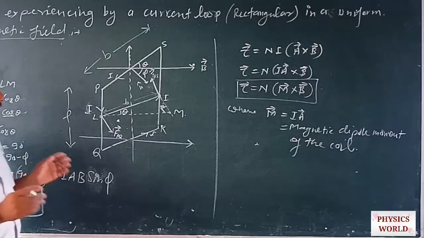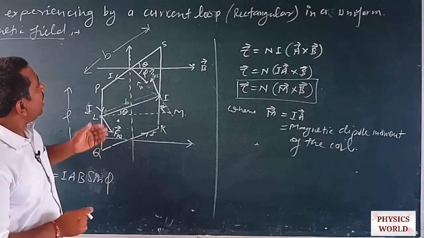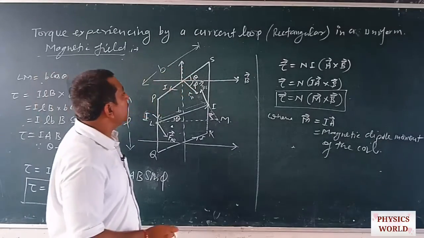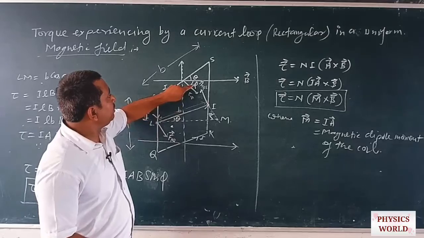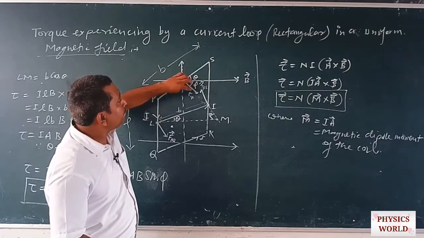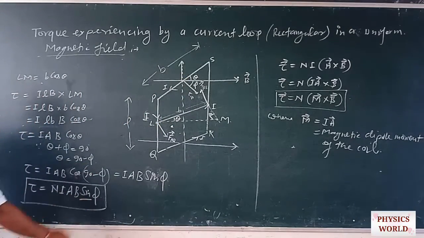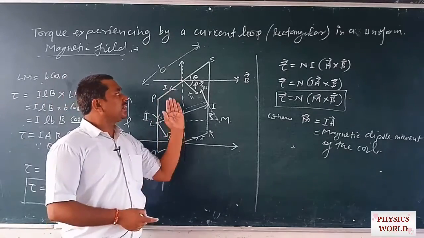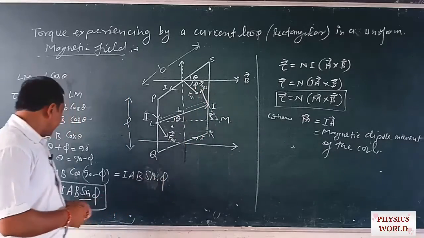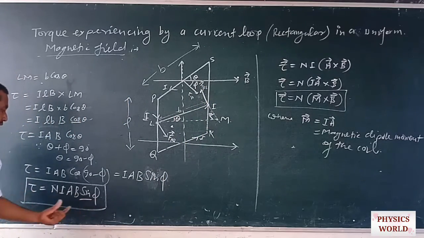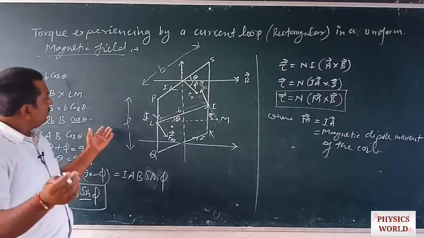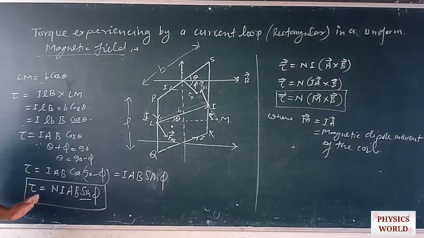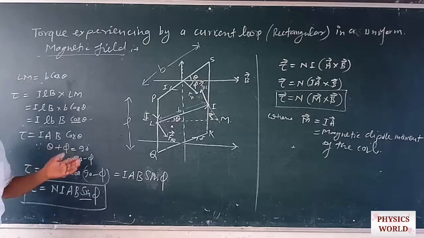But if we take the angle between the perpendicular direction of the plane of the coil and the magnetic field, it is taken as phi, and it must be taken in terms of sine. So when you take phi, you use the term sine of phi in this formula. This is the vector form of the torque experienced by the coil, and this is the magnitude of the torque.